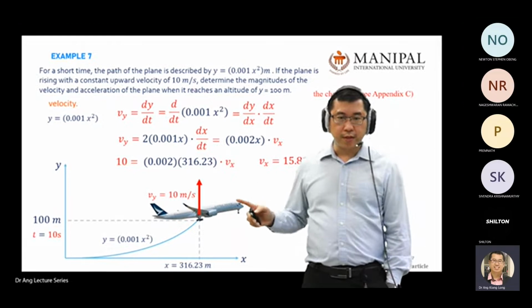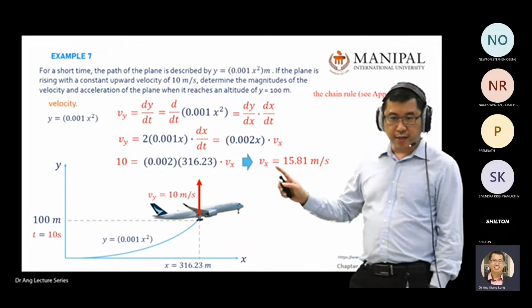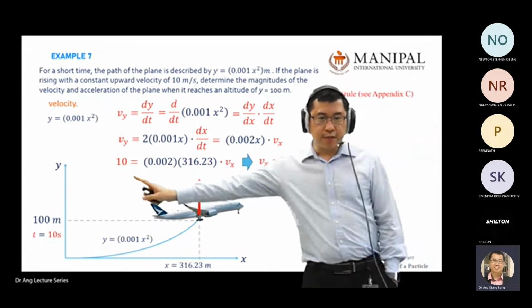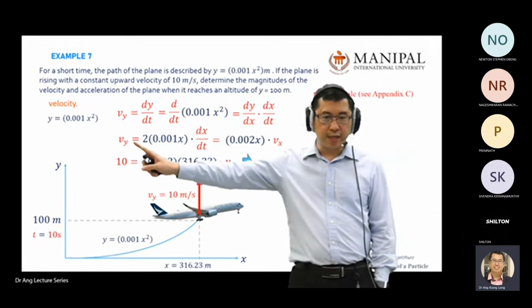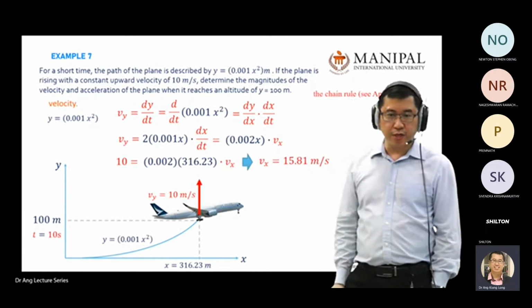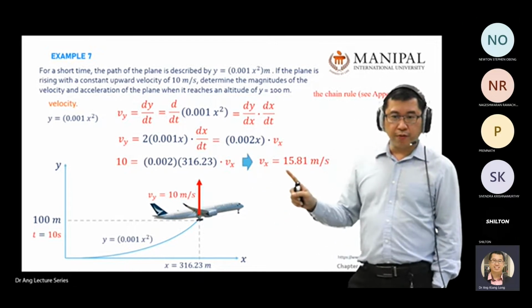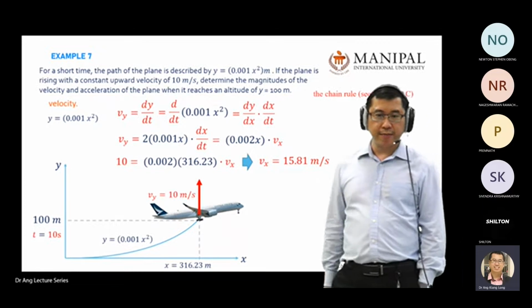Sorry, just now I forgot to hide this one, but after you substitute all the known values in the second line of your equation, you get your Vx. Your Vx equals 15.81 meters per second.